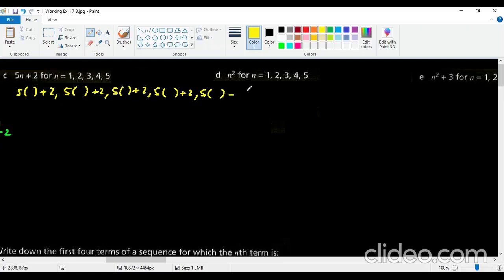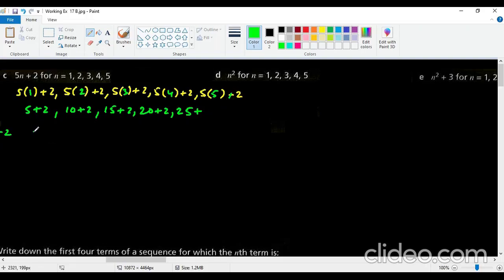Now I will write 1, 2, 3, 4, and 5 in place of n. So the first term is going to be 5 plus 2. The second term is 10 plus 2. The third term is 15 plus 2. The fourth term is 20 plus 2. And 25 plus 2. This is a plus.